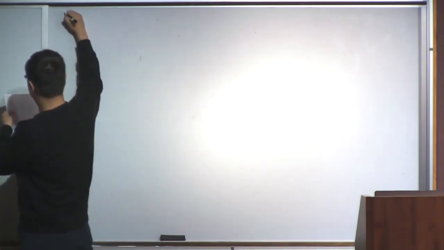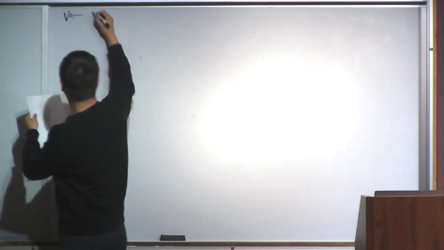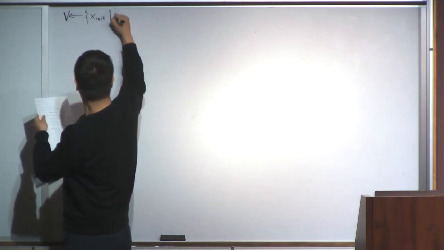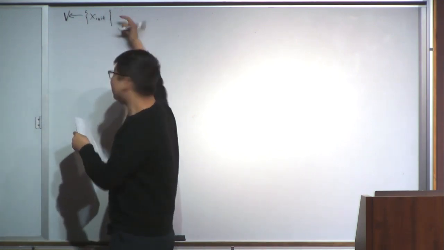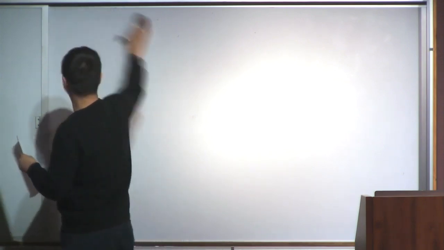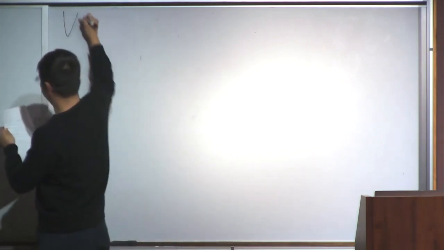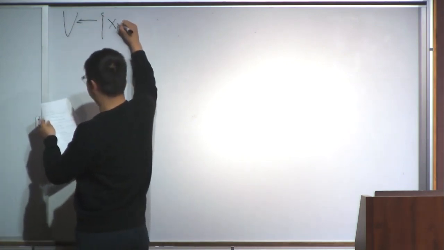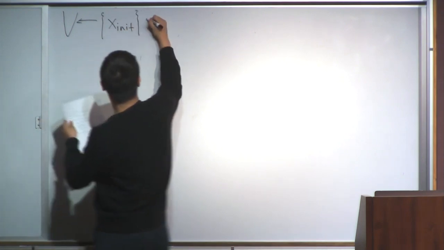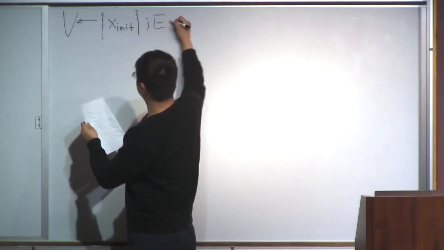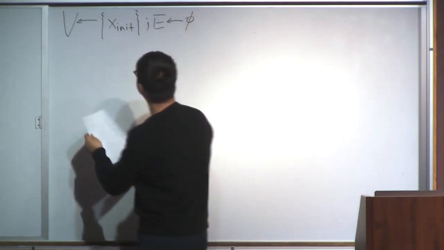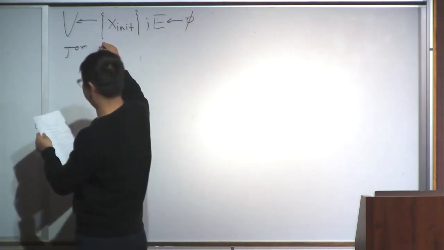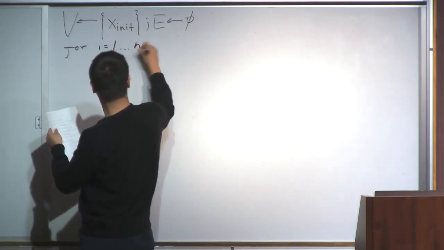So we have some vertex set V, starting with x init. Is it too small? Okay. V is x init, and we have some edge set E that is empty. Then we do a for loop, for i from 1 to n.